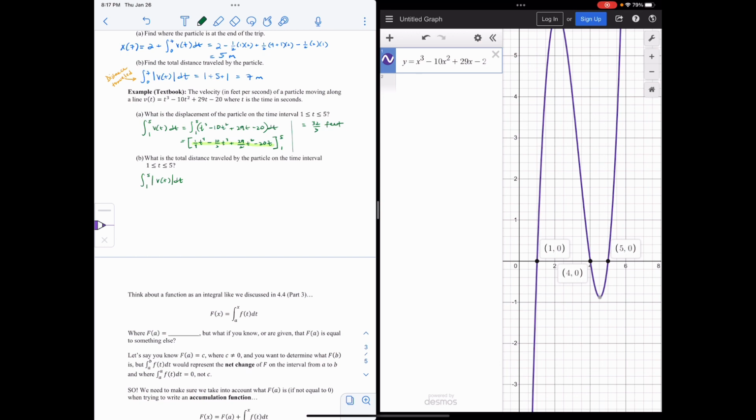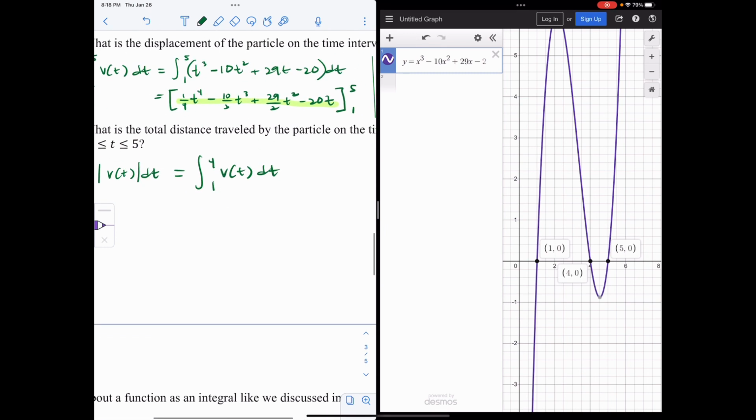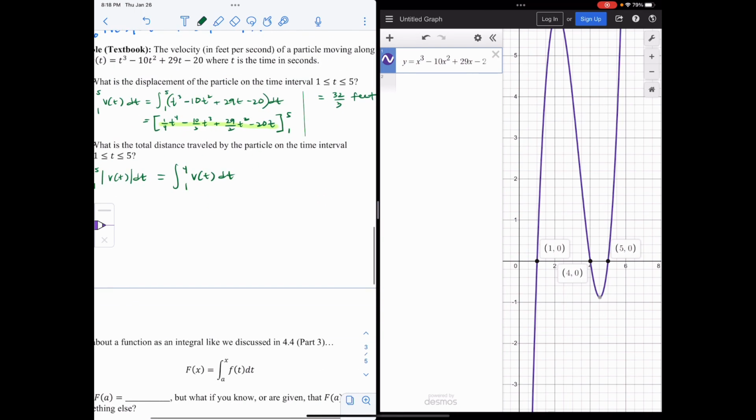And I can also, just from looking at the graph, see where our velocity function is negative and where it's positive. So it looks like, okay, we're just integrating from 1 to 5. So it looks like from 1 to 4, our velocity function is already positive. And then it looks like from 4 to 5, it's negative.